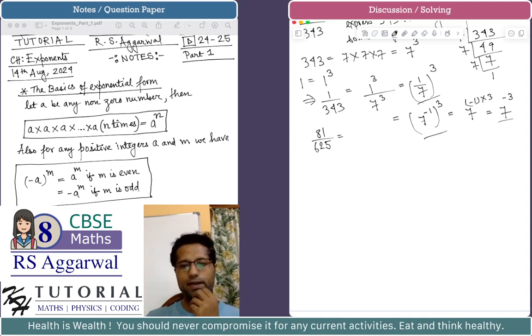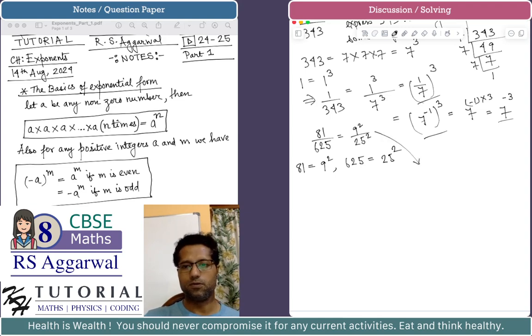Now I know that 81 is equal to 9 square. Also 625 is equal to 25 square. So 81 by 625 is 9 square by 25 square.